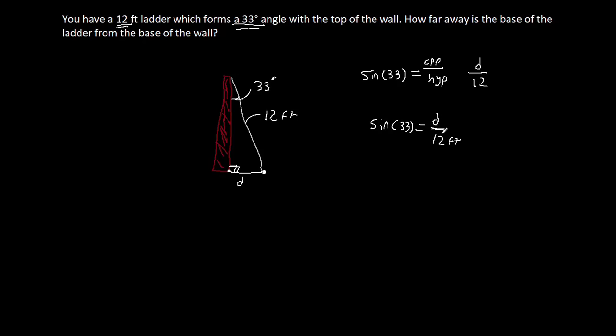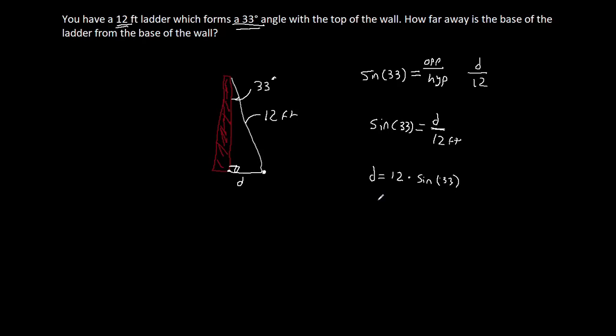Okay? Now we can rearrange this equation to solve for D by saying that D is going to be equal to 12 feet times the sine of 33 degrees.